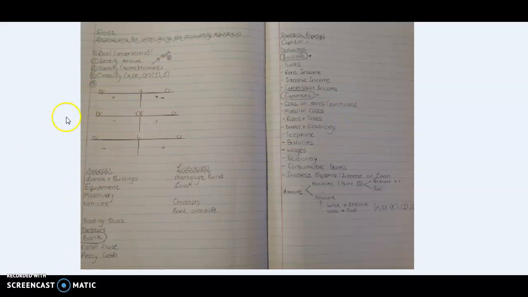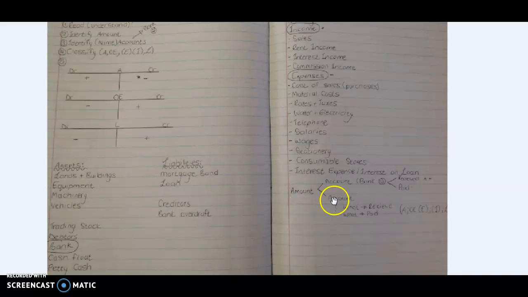So she wrote the exact same thing that the teacher had. Let's look at this little thing here. The interest expenses or the interest on loans. And here we have amount. If I figure this out correctly, here, step 2, identify the amount. We go here, how to identify the amount.